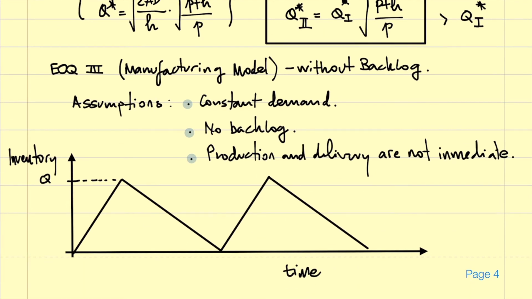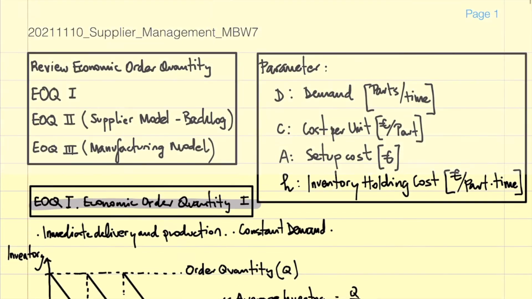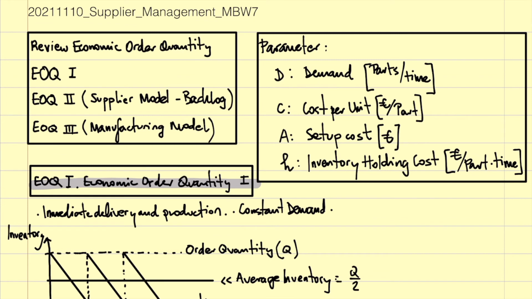Here we see that we have a constant demand. And here we see, because it's not vertical as before, so here we had it vertical, the immediate delivery.